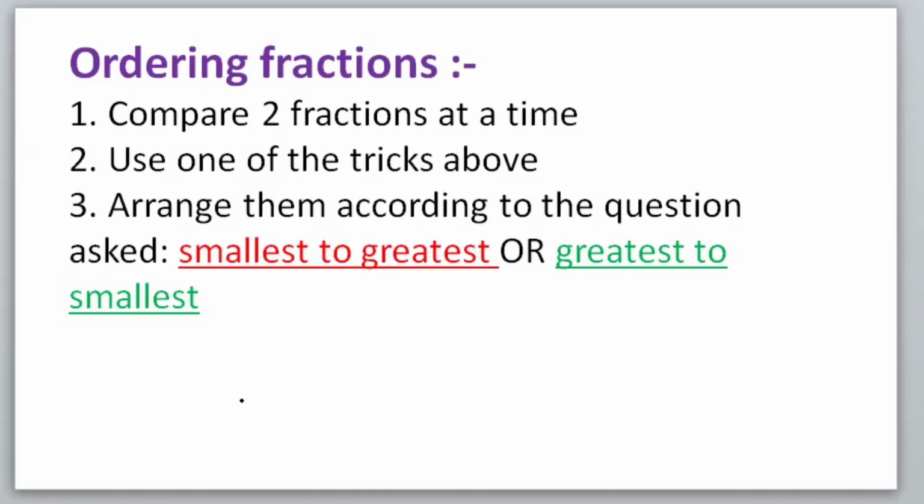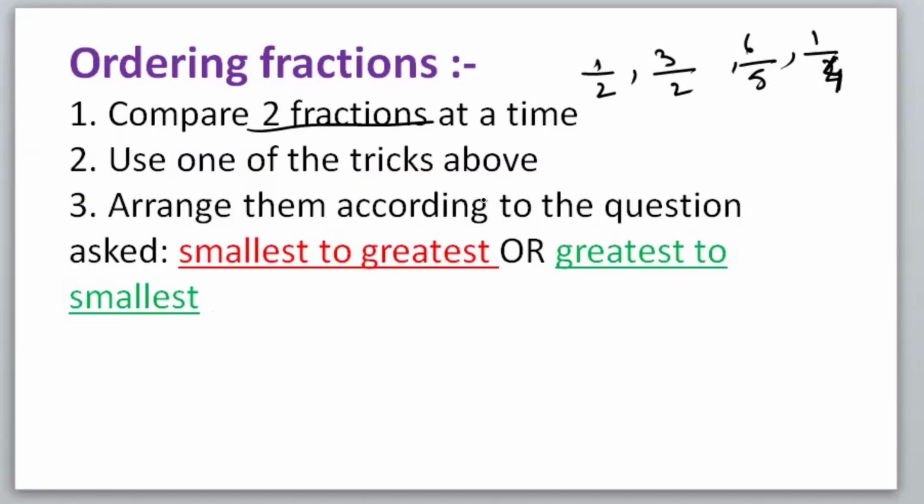If there are so many fractions, for example, 1 over 3, 3 over 2, 6 over 5, 1 over 2, 1 over 4. So what do we have to do? First, we have to compare the two fractions at a time. These two first we have to compare, then these two we have to compare. At a time you can compare two fractions. And it says use one of the tricks above.